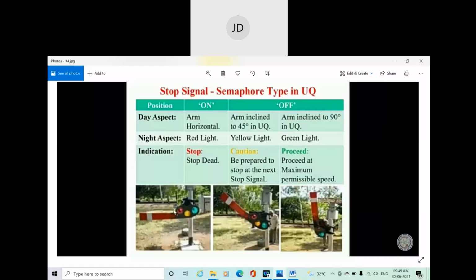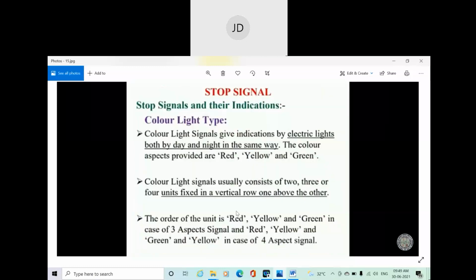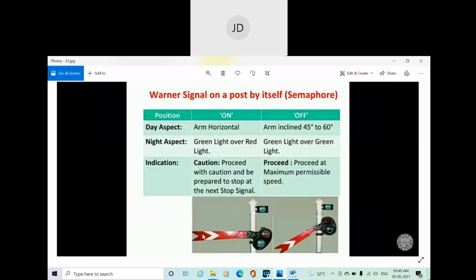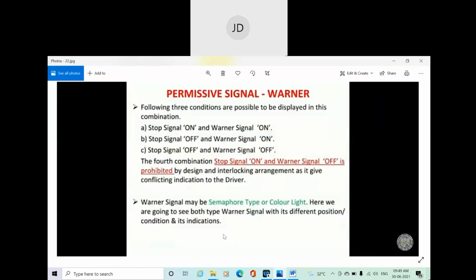This is what your stop signal basically looks like. In the case of a warner signal, it will look like this fishtail edge, and the white strip is also not in a straight line or rectangle. It's a kind of fishtail shape. Got it. This is the difference between a warner signal and a stop signal in terms of appearance.